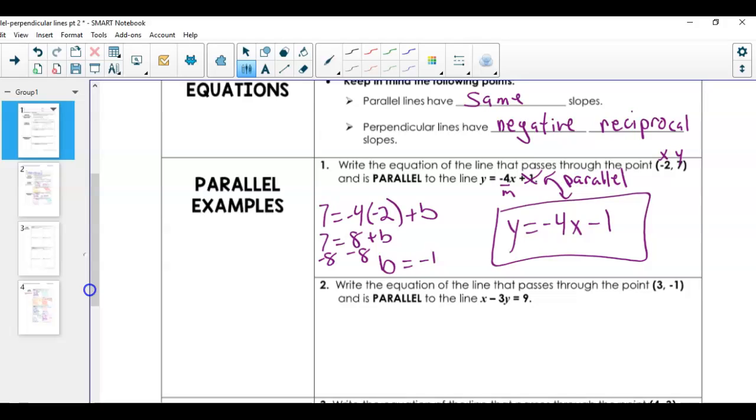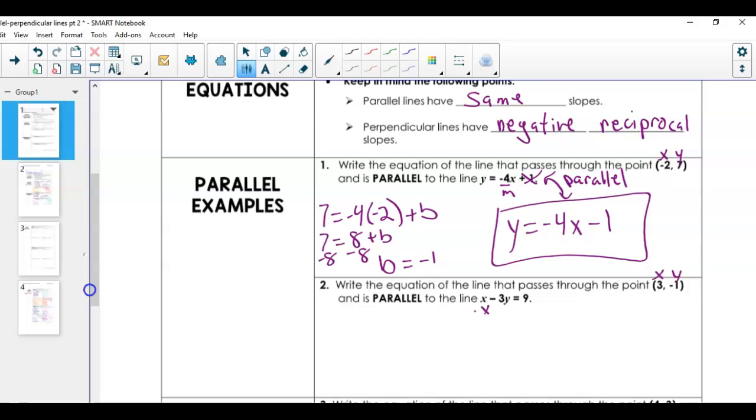Right? Let's do another example of that. In number 2, we're still given that point, we're still given an equation, but now this equation is in standard form instead of slope-intercept form. So now we have to solve this first to figure out what our slope is and then do the others.